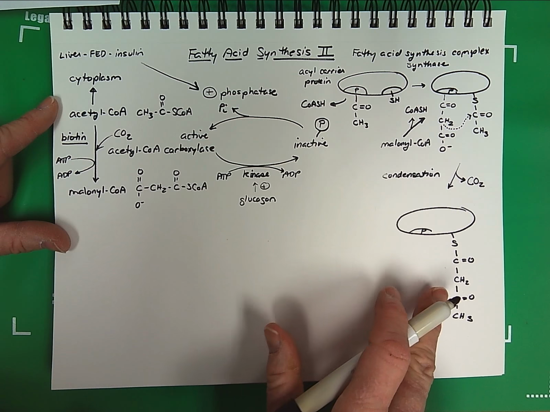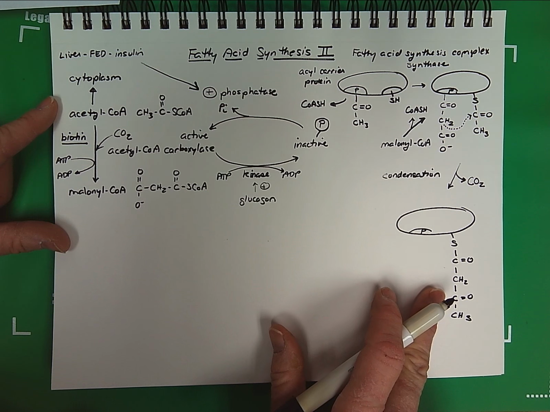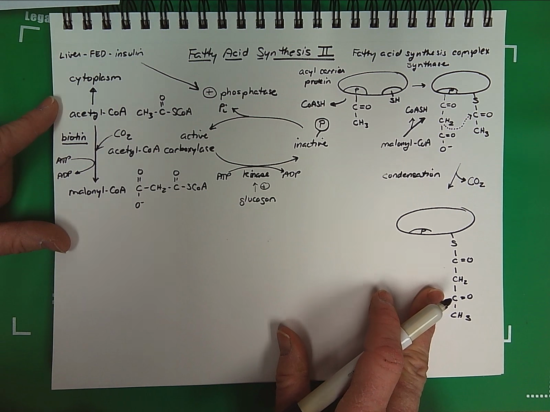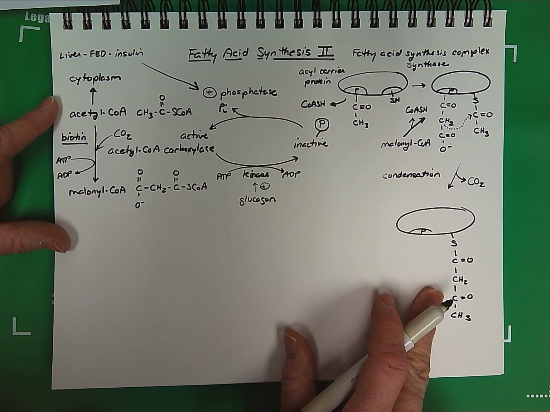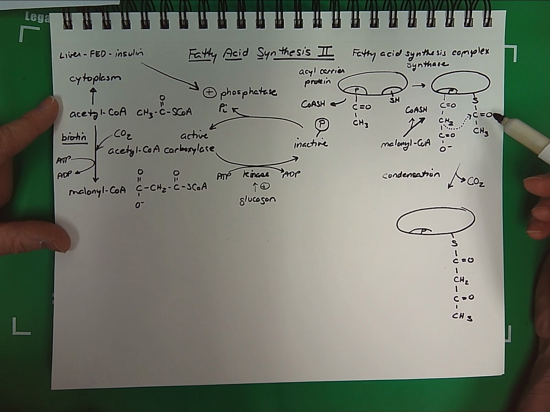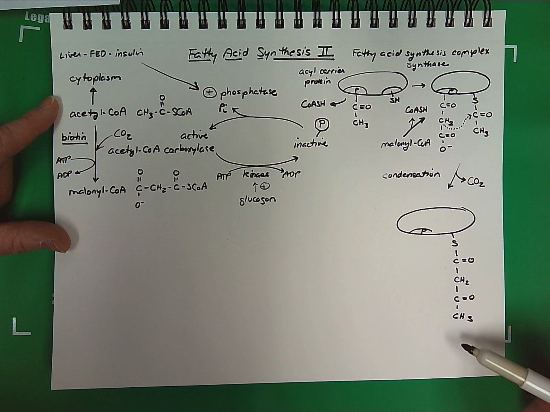Now, this first reaction defines exactly how the fatty acid is going to be made. Recall that our fatty acids are generally even numbers, and so we are going to be adding 2 carbon units to lengthen the chain of hydrocarbons to generate ultimately our even-numbered fatty acid hydrocarbon chain.